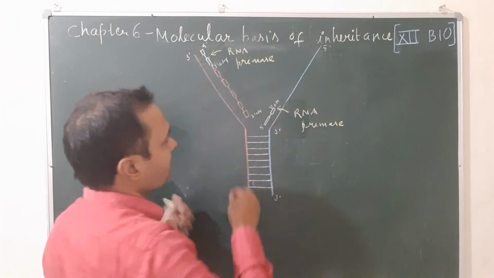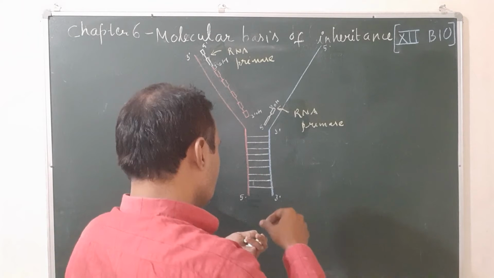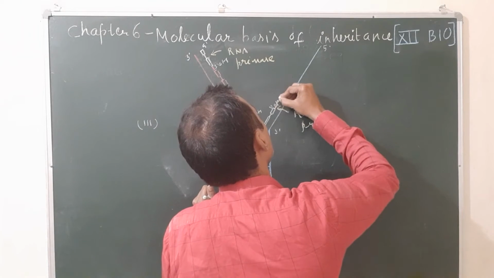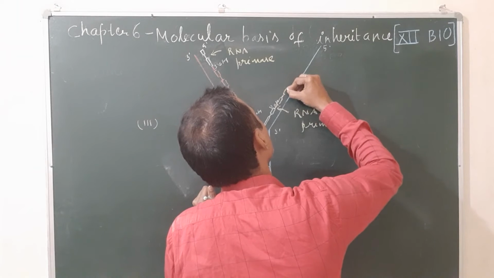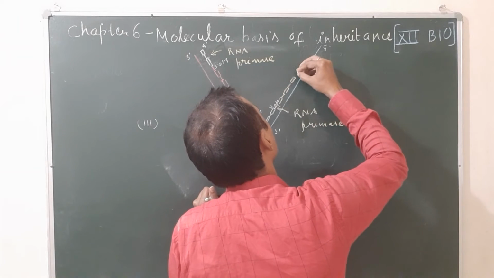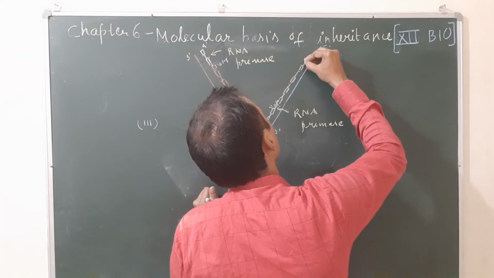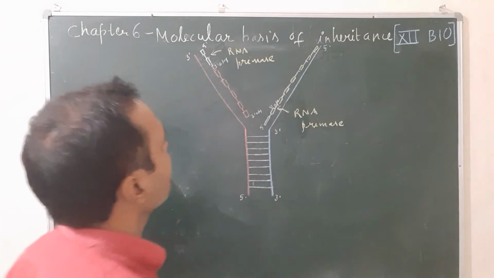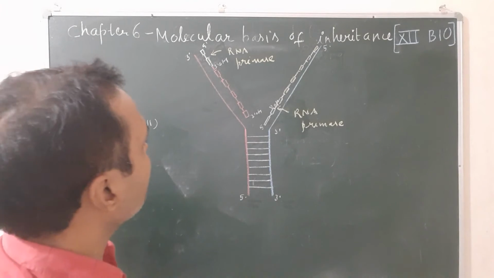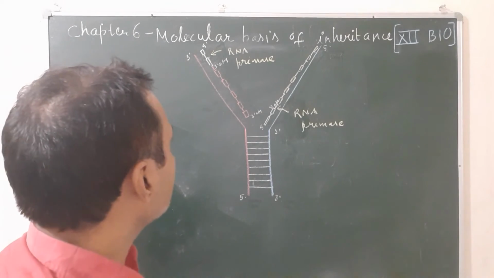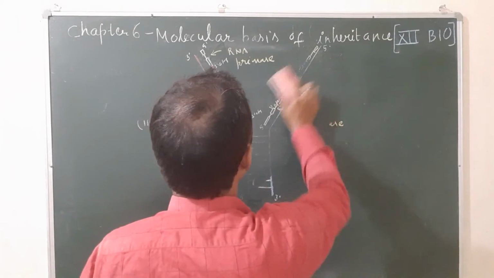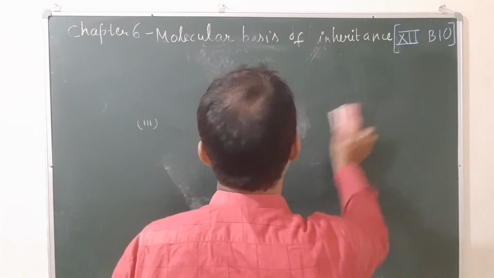But on this strand, suppose that new nucleotides are added. These are the new nucleotides. Now when some more part opens up, you can see what happened. So this is the addition of nucleotides. Let's see when some more part of the DNA opens up in the next diagram.